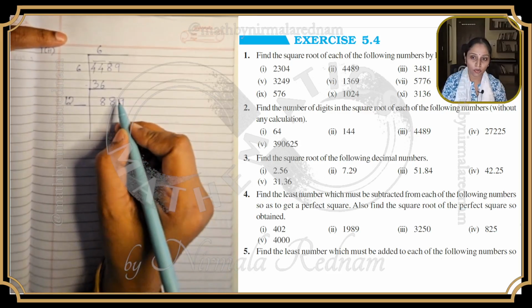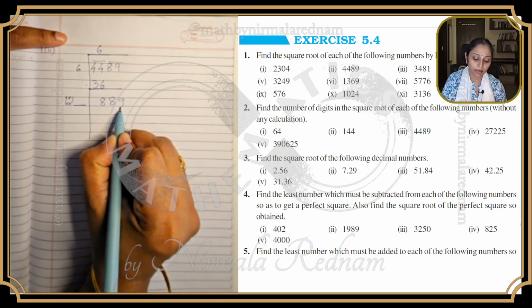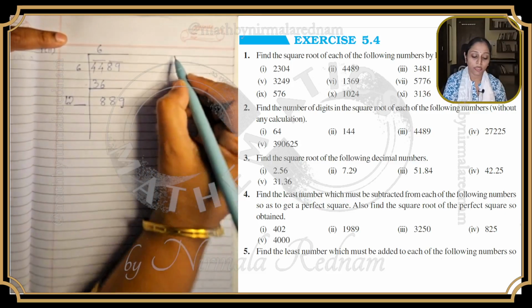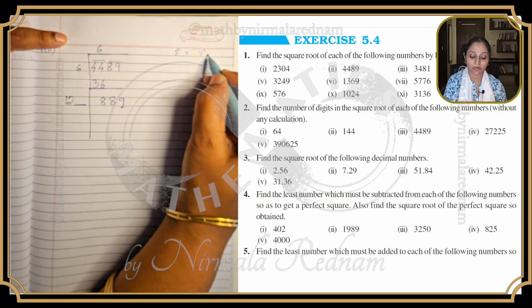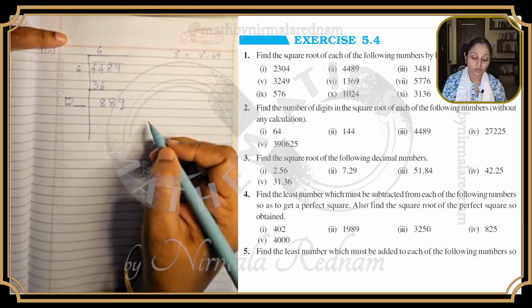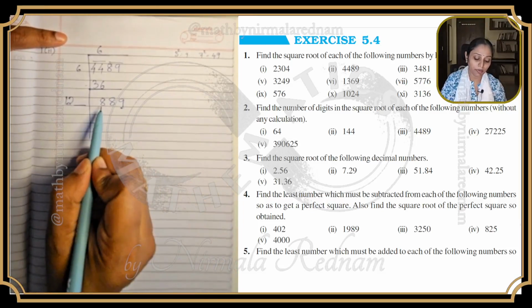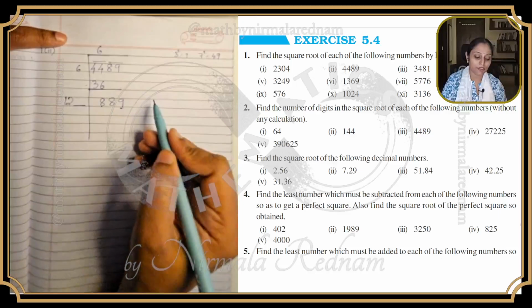Now, I already told you, whenever you have to do this, you look at the ones place. I have 9. So it's either 3 because 3 square is 9 or 7 because 7 square is 49, right? One of these two is going to work clearly because it's in 800s. So it has to be 7.